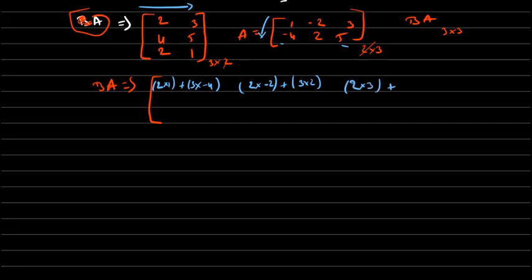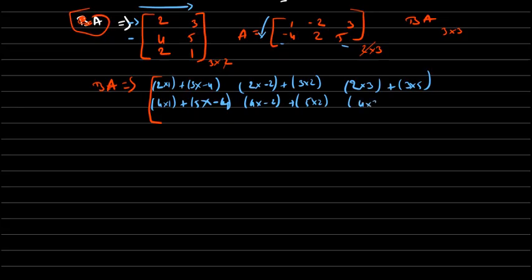Second row here, 4 into 1 plus 5 into minus 4. And here 4 into minus 2 plus 5 into 2. Here it is 4 into 3 plus 5 into 5.